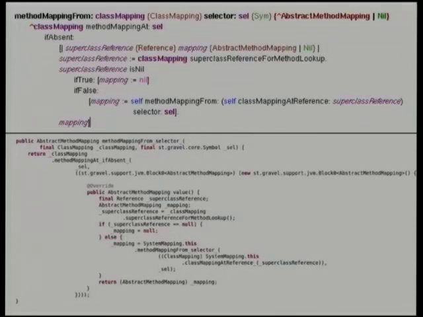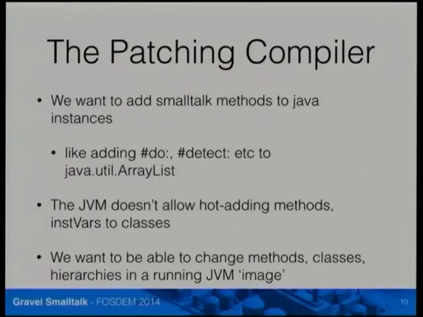So we try to develop as much of the system in Smalltalk itself, because I don't like Java. We developed a patching compiler with the idea that in an interactive Smalltalk environment you would like to change behavior while you're developing in it.